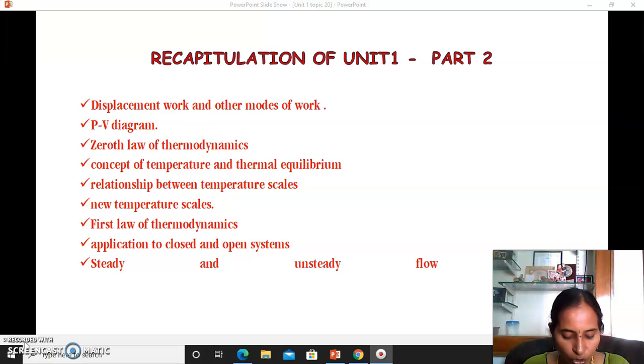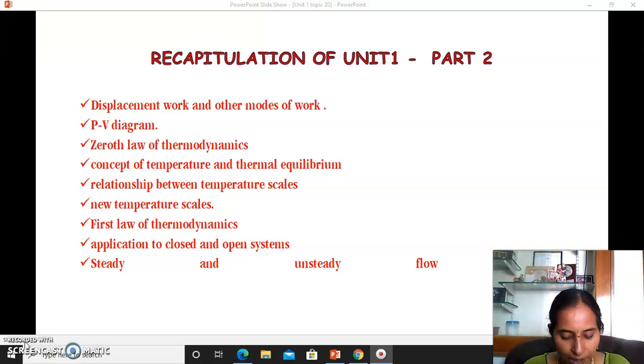Further, for a polytropic process, PV to the power n equals constant, and for the isentropic relation, T2 by T1 is equal to (P2 by P1) to the power (n minus 1) by n, which is equal to (V1 by V2) to the power (n minus 1).